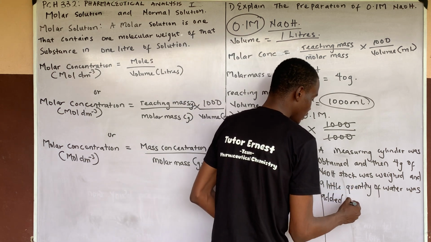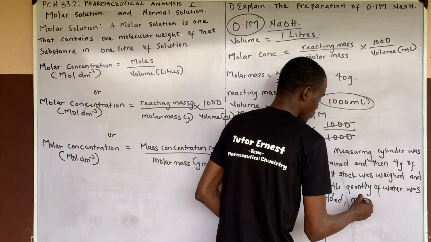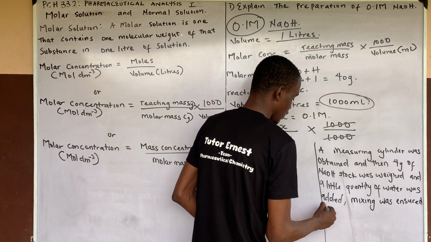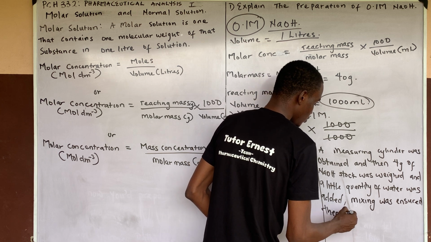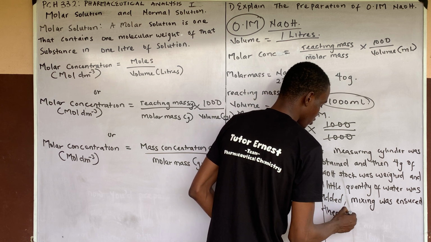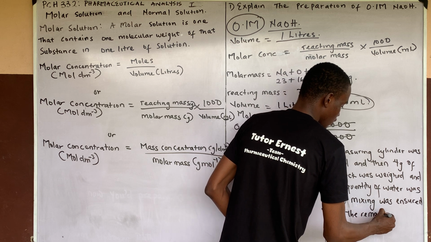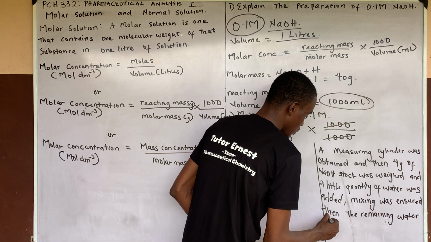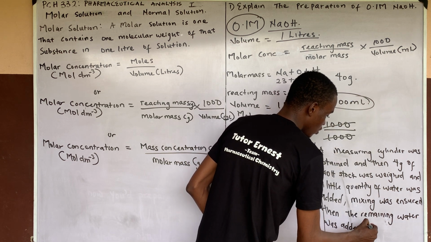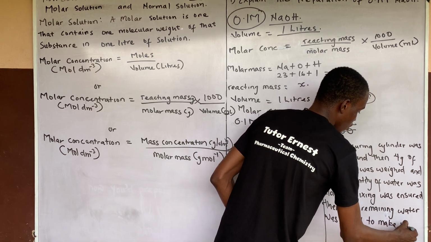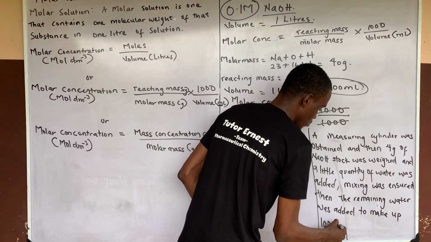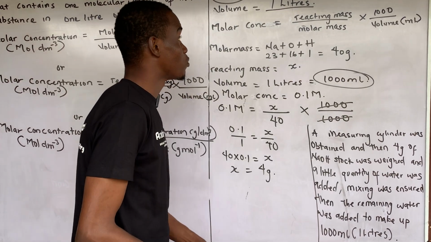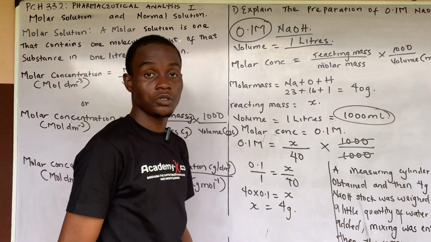So a little quantity of water was added, mixing was ensured, then the remaining water was added to make up 1000 ml or 1 liter. So this is how you prepare your 0.1 molar NaOH. Thank you.